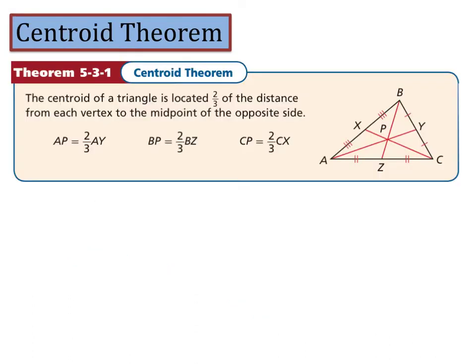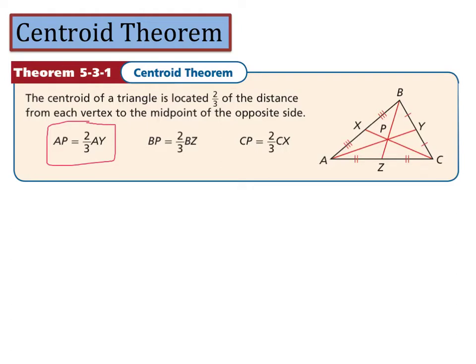Using the centroid theorem will allow us to figure out the lengths of the segments within the median. So the centroid theorem tells us that the centroid of a triangle is located 2/3 of the distance from each vertex to the midpoint of the opposite side. So, for example, let's look at this segment right here.